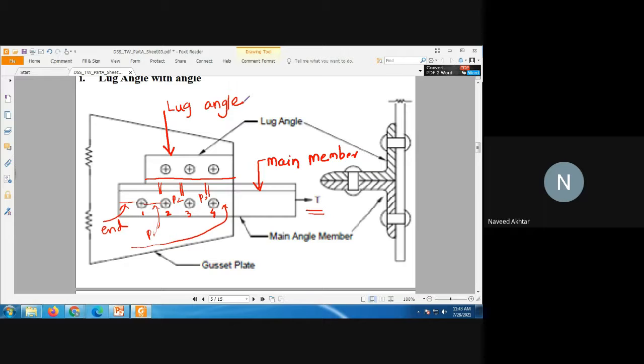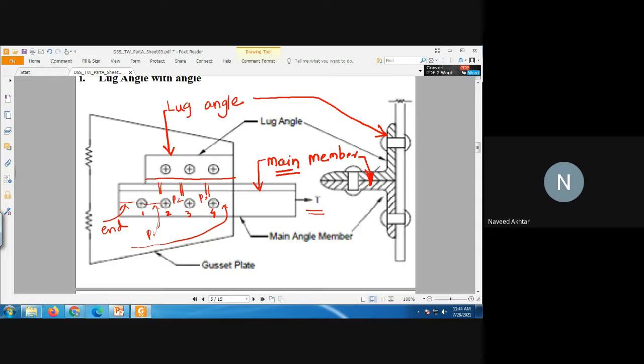So with this additional angle when we are providing for the connection, it is called a lug angle. तो यहाँ पर आप देखेंगे कि अगर आप एलिवेशन देख रहे हैं, फ्रंट एलिवेशन, तो ये आपका मेन मेंबर है. ओके, और मेन मेंबर से ये लग एंगल कनेक्टेड है. इसी तरह आप क्रॉस सेक्शन अगर देखेंगे तो this one is the lug angle and this one is your main member.